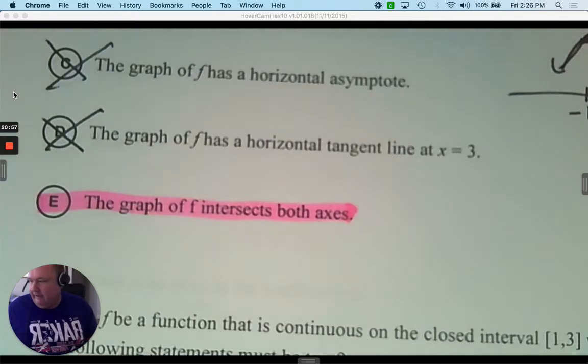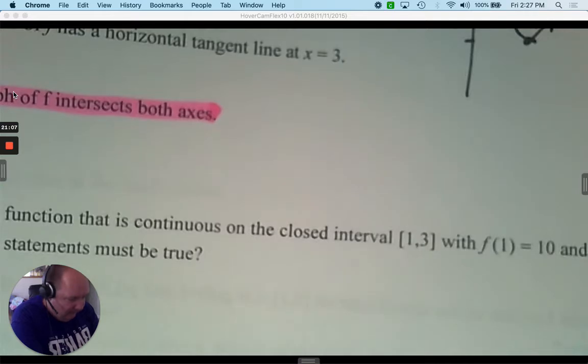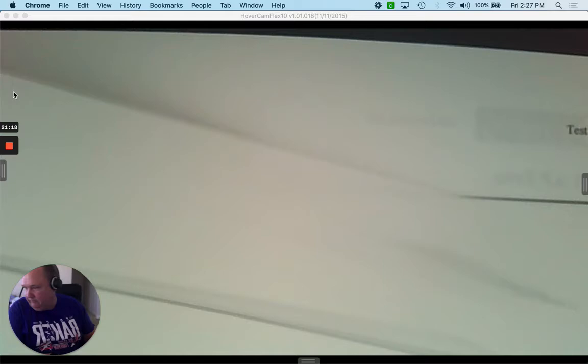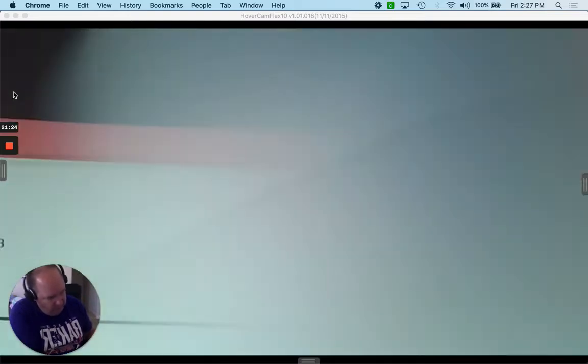14. Let f be a function that is continuous on a closed interval 1 to 3, with f at 1 equaling 10 and f at 3 equaling 18. Which of the following statements must be true? Let's look at the options here.